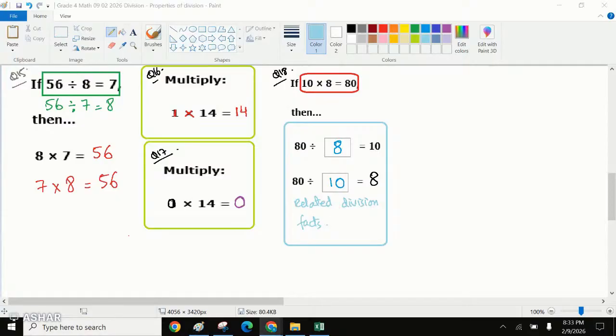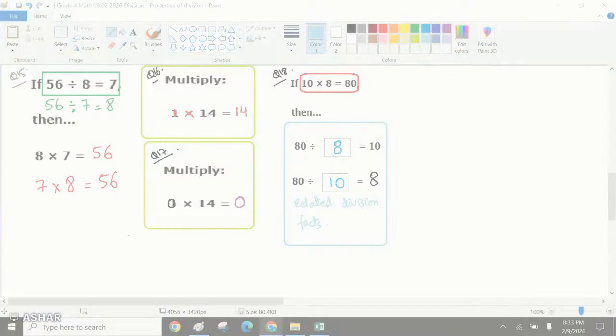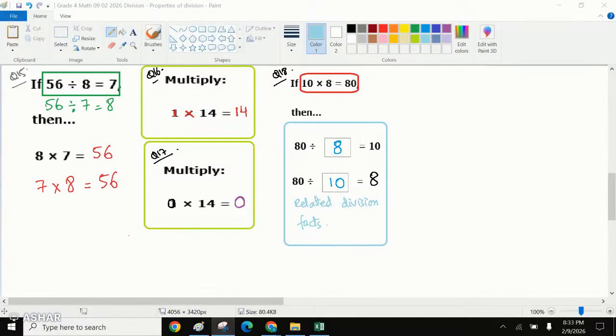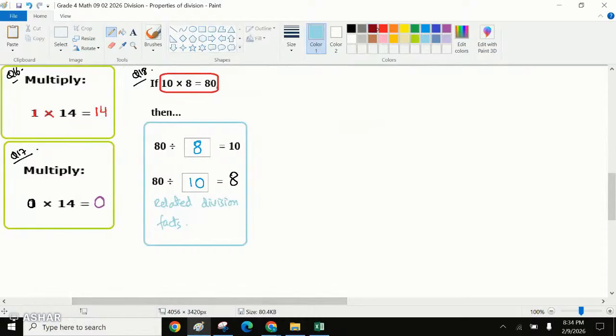Let's see if we can go ahead with the test. Let's do some questions from the test. For the next question, it says type a related multiplication fact.